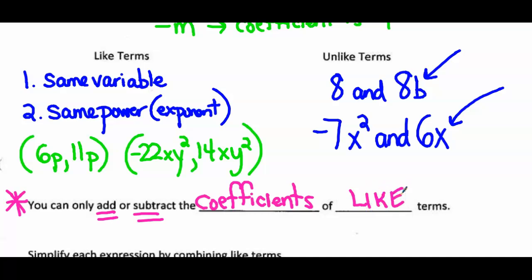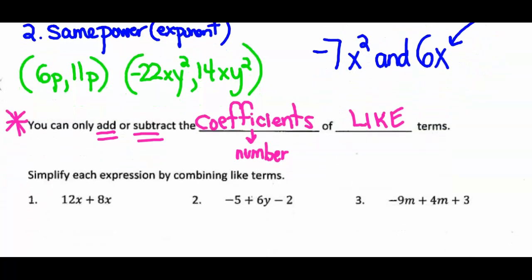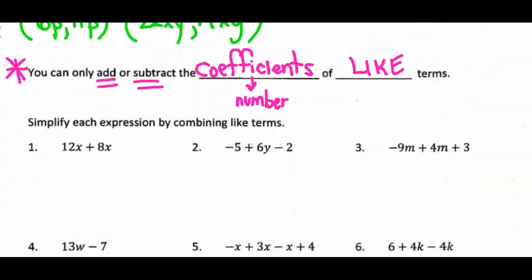They must be like for you to add. When you add, you're adding the coefficients. So remember, coefficients are the number part of the term.